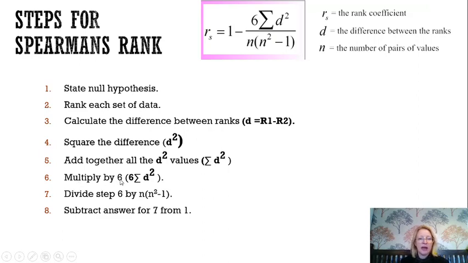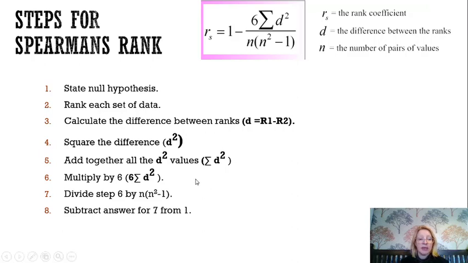Then you multiply that by 6. And then you divide the answer to step 6 by n times n squared minus 1, where n is the number of pairs of values that you've got.